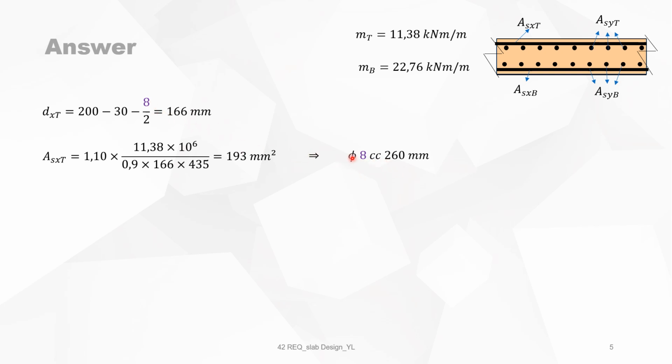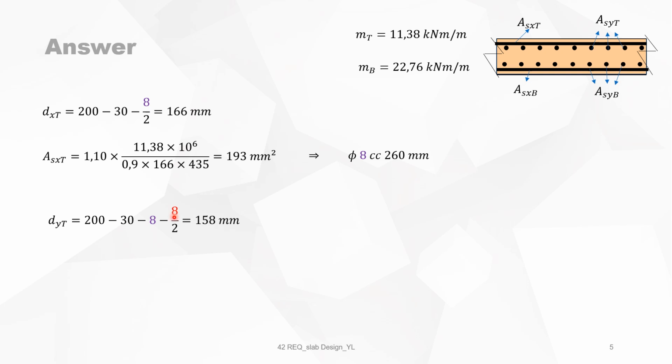You see, this is 8, that's okay. But if this was, for instance, not possible, and you have to go for diameter 10, then you redo the calculation with 10 until this and this number are the same. The second layer of reinforcement at the top in the other direction, the effective depth is the depth of the slab minus concrete cover minus the diameter of the first layer minus point of gravity of the second layer.